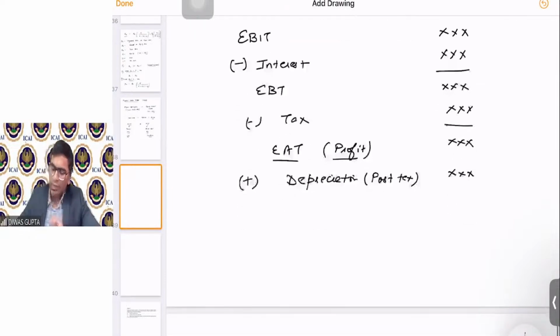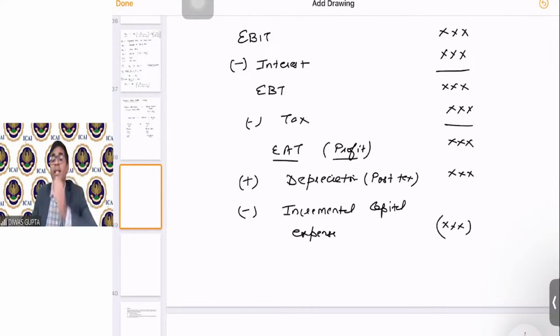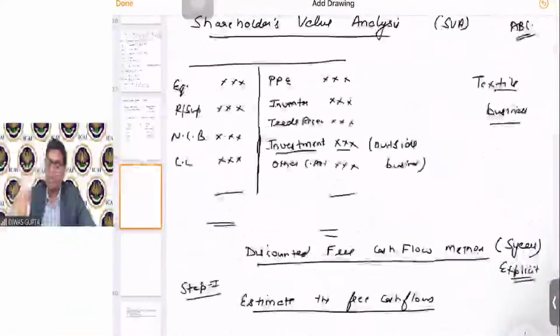Then we also adjust for the incremental capital expense, because for expanding the business in future, we will need certain amount of capital expenditures, right? We will want to invest further in this property, plant and equipment. Correct.